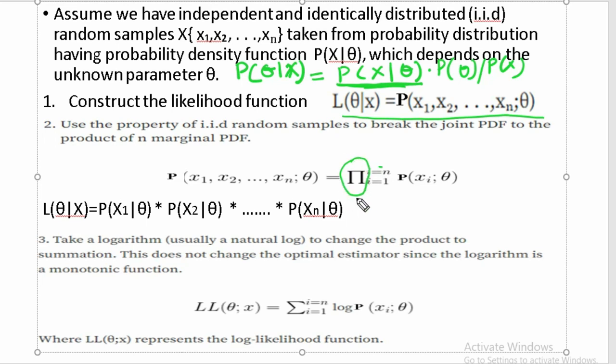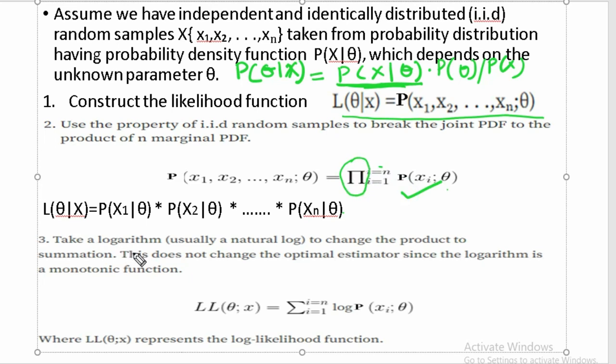This pi represents the multiplication. To make you understand better, I am writing it like this: L theta given x is equal to P of x1 given theta into P of x2 given theta into till you have P of xn given theta. This is the same thing which is written over here, and this pi represents multiplication of them.